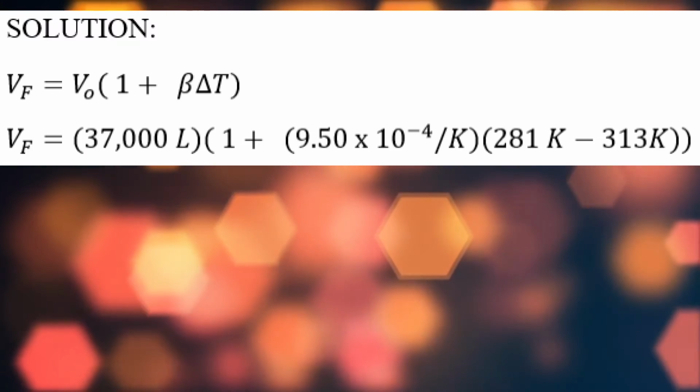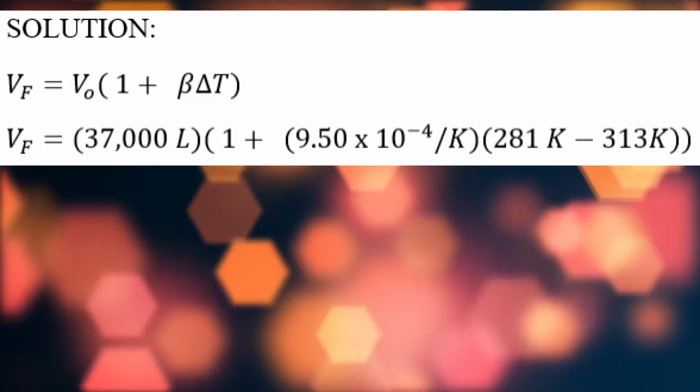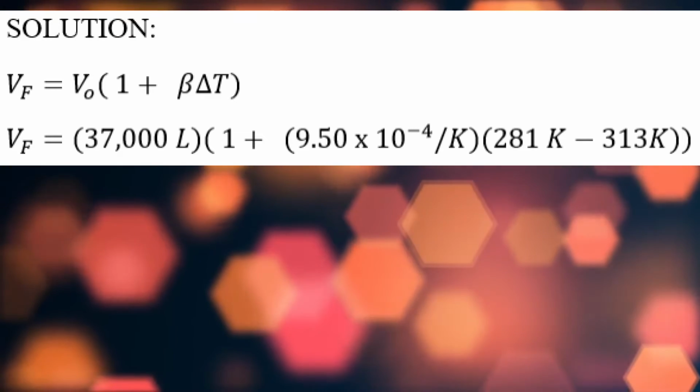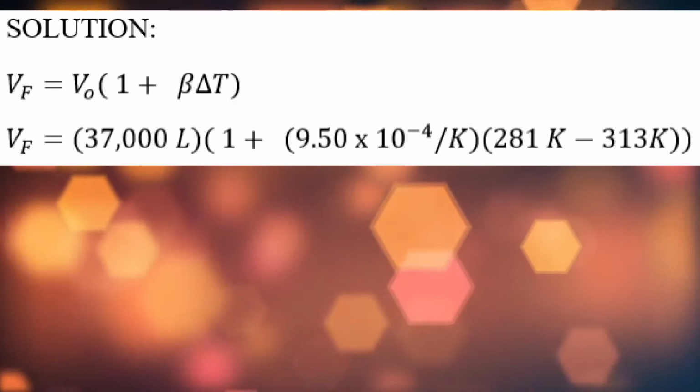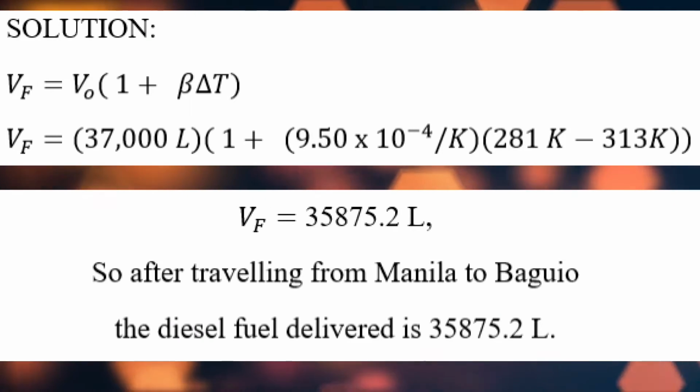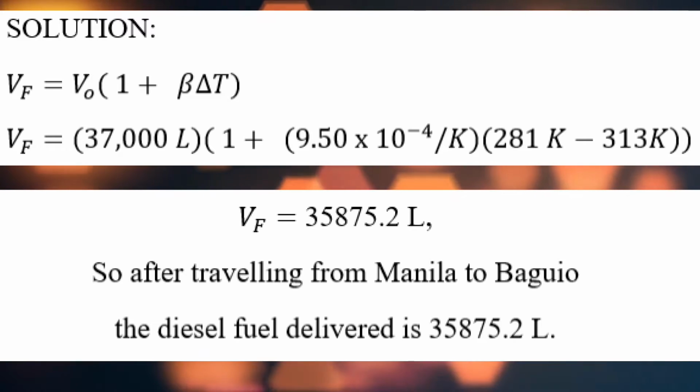You have a formula of V_f equals V_initial times open parenthesis 1 plus beta delta T close parenthesis. Substitute all the values that you have into the given formula. So you will have a final value of 35,875.2 liters. Now that you know how to compute linear expansion, it is the same with the area expansion and volume expansion.